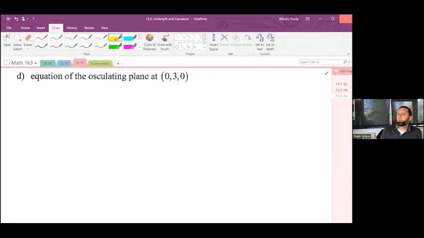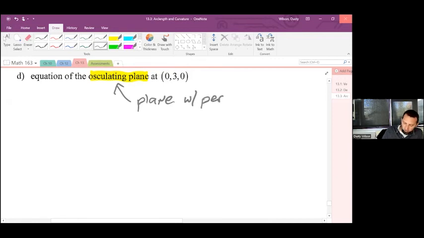If we want the equation of the osculating plane at (0, 3, 0), we need to remember that the osculating plane is the plane with normal vector, or perpendicular vector, B, the binormal.